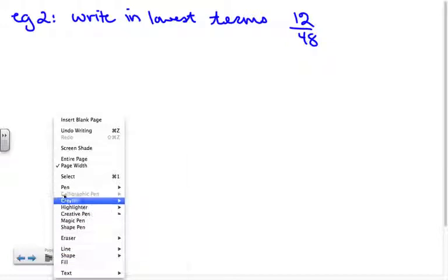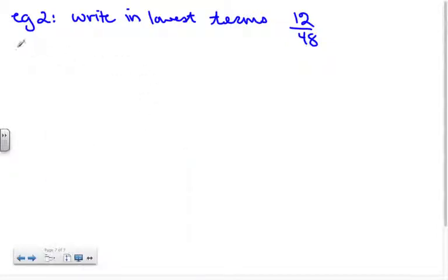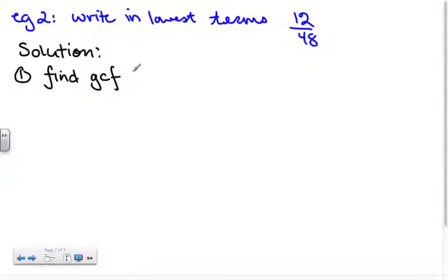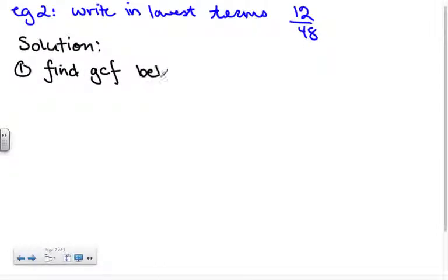The same process that we did in the last problem applies here. We need to find the GCF between 12 and 48, and then simplify.